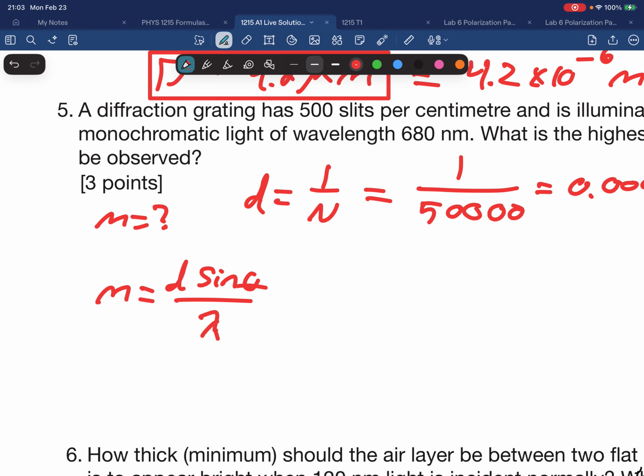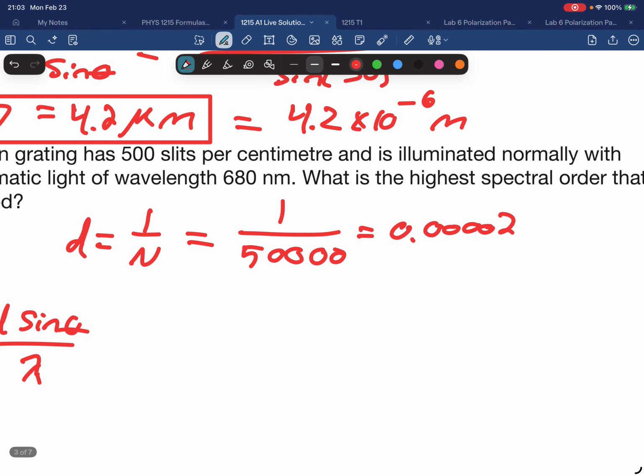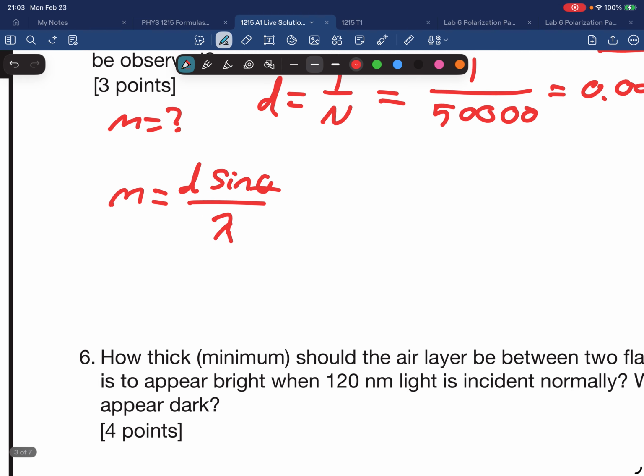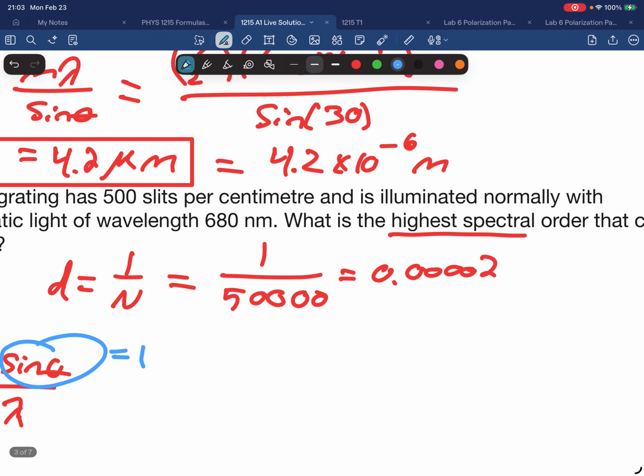So I get m equals d sine theta over lambda. We are also looking for the highest possible spectral order, which means that, actually, I'm going to do this in a different color. So sine theta is going to be equal to 1.